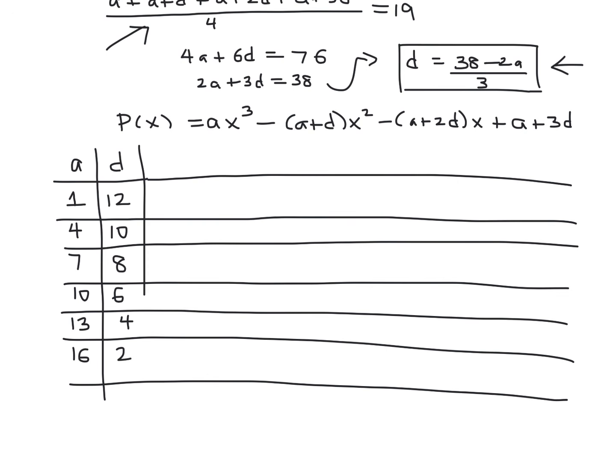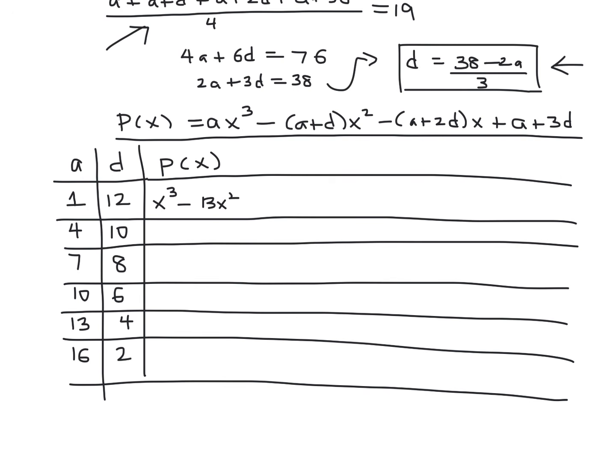Okay, and then where do I go from here? So then I guess we have to plug it back into this. So p of x, let's put p of x, for the first one, will be x to the power of 3 minus 13x squared minus 25x plus 37. You see how I got that?